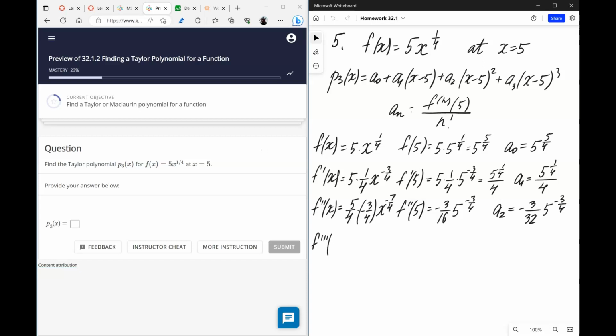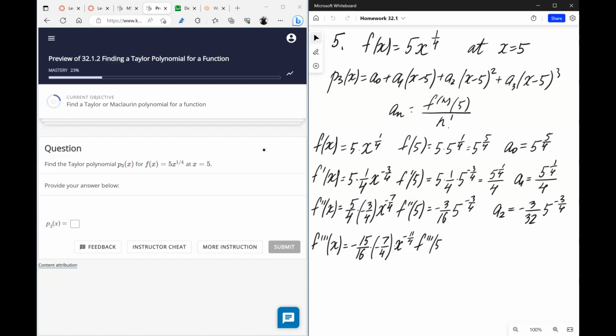Now the third derivative is we have negative 15/16 times negative 7/4 times x to the power negative 11/4.